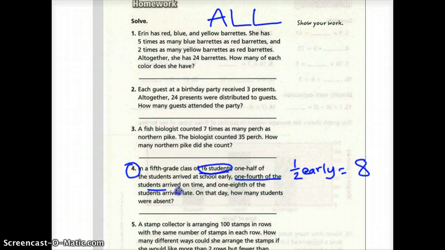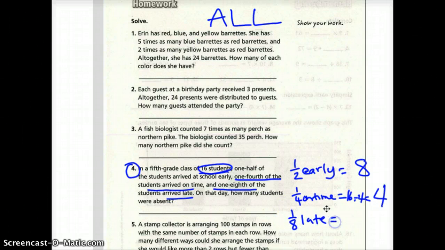1/4 on time. Okay, so remember 1/4 equals divided by 4. So 16 divided by 4 equals 4. And 1/8 were late. That means divided by 8. So 16 divided by 8 equals 2. Okay, this is a two-step problem.